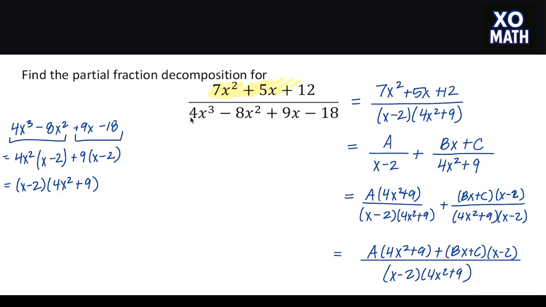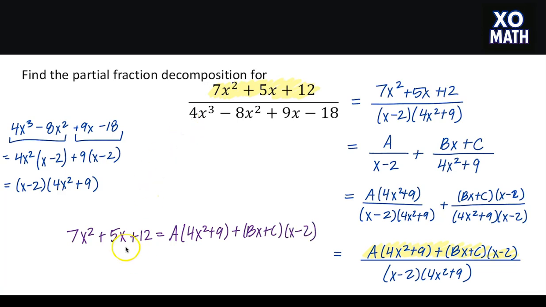So we're going to have that 7x² + 5x + 12 is going to have to equal a times (4x² + 9) plus the quantity (bx + c) times the quantity (x - 2). So this is the equation that we're going to work with to find the values of a, b, and c.